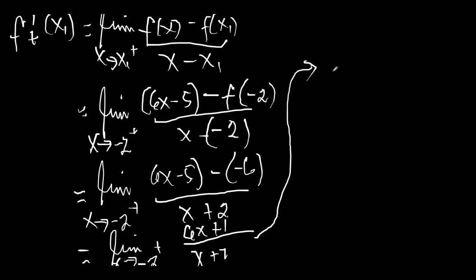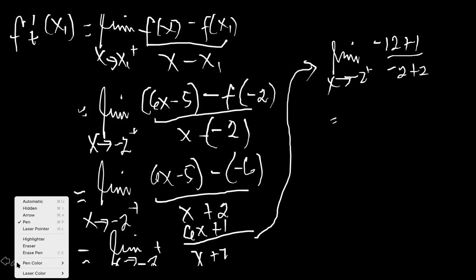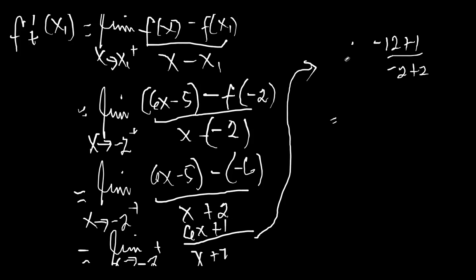So this becomes the limit of -12 plus 1 over -2 plus 2 as x approaches -2 from the right. Since I already substituted the value of x, I should remove the limit notation. And this becomes -11 over 0, and this is infinity.